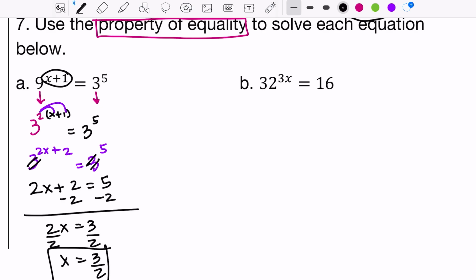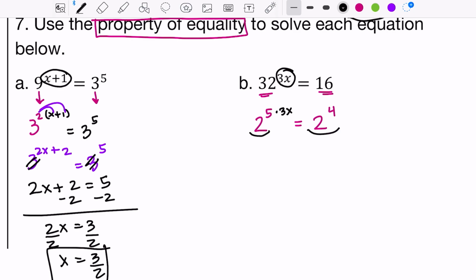This last one, we're going to see that we need to write 32 and 16 with the same base. 32 is 2 to the 5th power. But then we have that 3x right there, also in the exponent. And then we see that 16 is 2 to the 4th power. Again, these bases have to match.